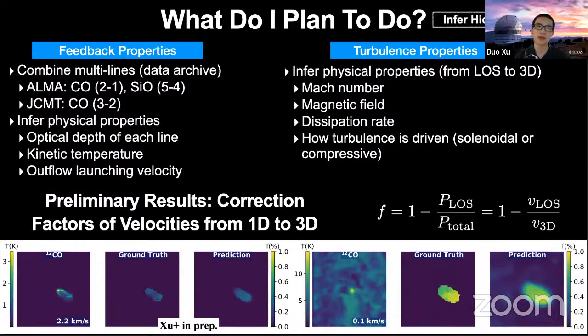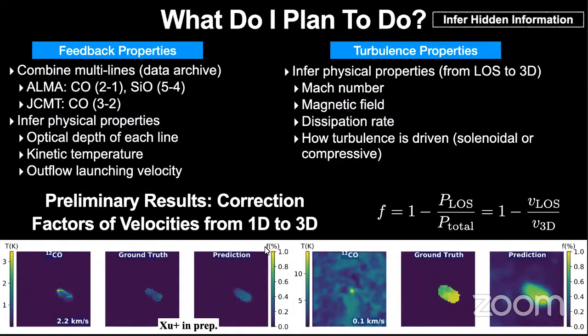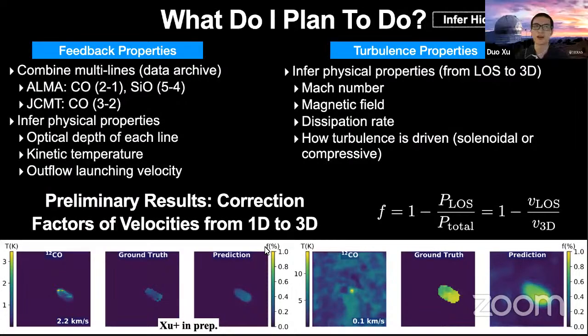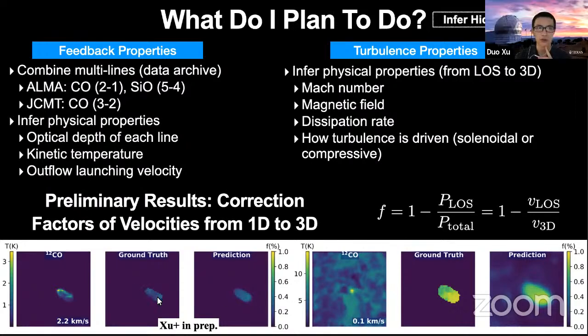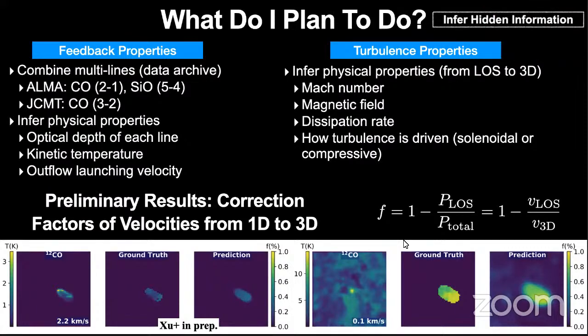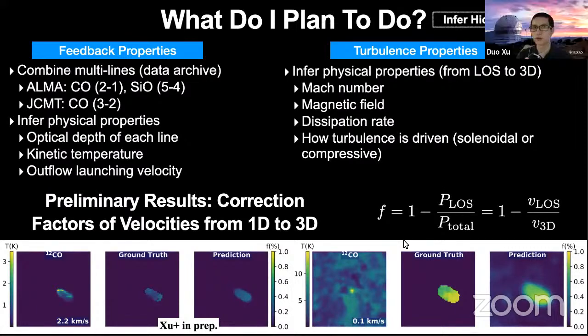And we have some preliminary results in predicting and correcting for the velocity. For example, here is the ground truth, and there is the prediction. We predict the fraction of momentum perpendicular to our line of sight. So a larger value means more momentum or velocity is missing along the line of sight.